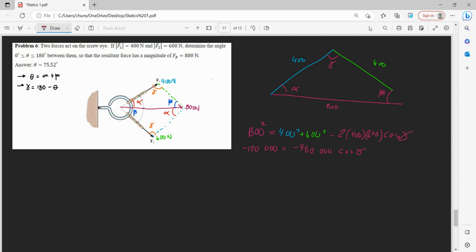Then cos. Okay, so when we divide that, we get cos gamma equal to 0.25. Then that gives gamma equal to 75.5224.